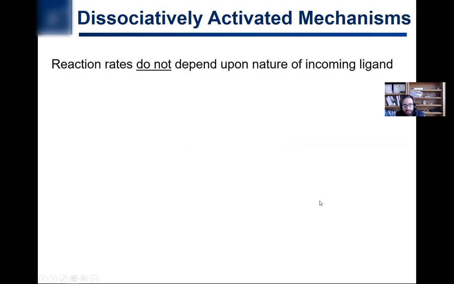So for dissociatively activated mechanisms, doesn't matter which of the three, the reaction rates are not going to depend strongly upon the nature of the incoming ligand. This makes sense and is the opposite of what we saw in the last video about associatively activated mechanisms, right? Because the rate determining step isn't association, and association is what is controlled by the incoming ligand, right?